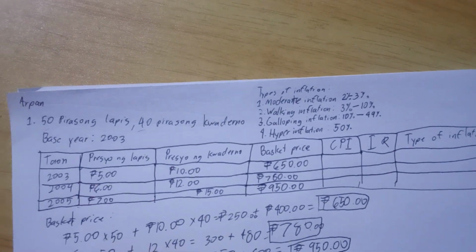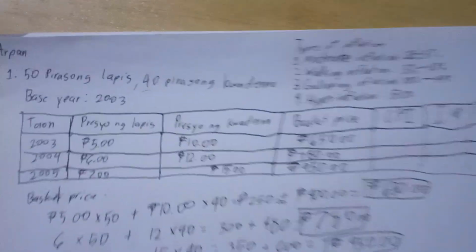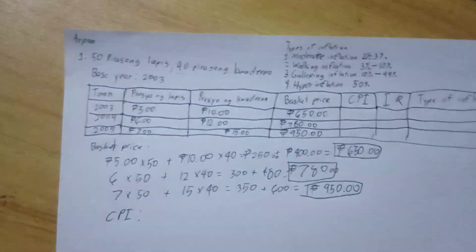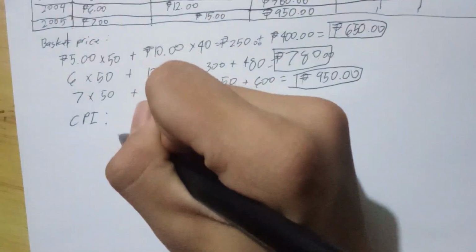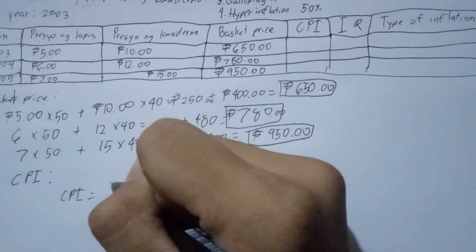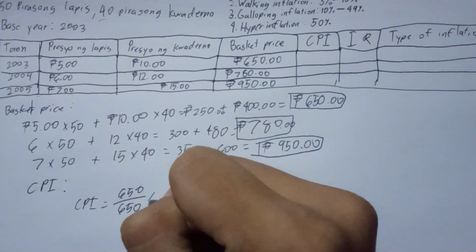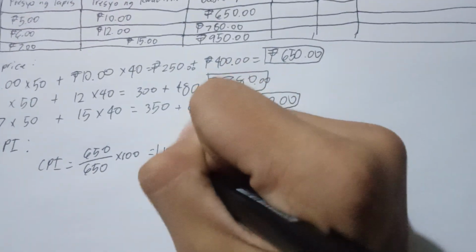To find CPI, we get the base year of 2003 and we divide it. Yeah, it's basically almost the same. So CPI is equal to 650 divided by 650 times 100, which is equal to 100.